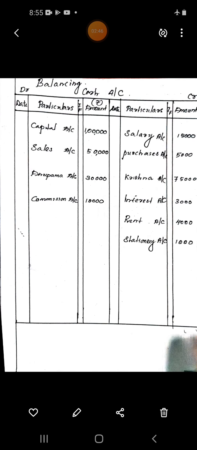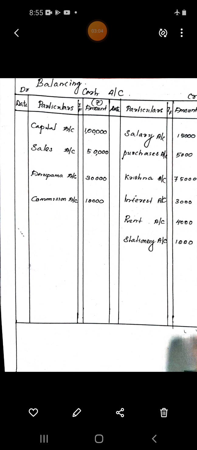Debit side total 1,90,000. That is the sum of 1 lakh plus 50,000 plus 30,000 plus 10,000, which equals 1,90,000.